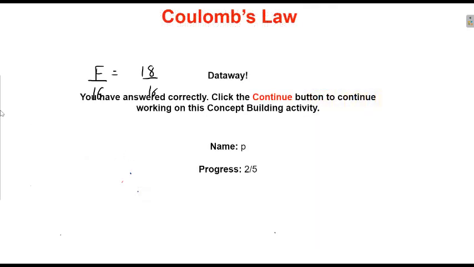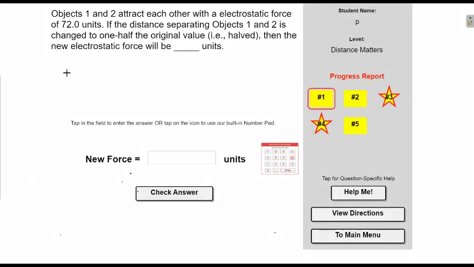All right. Okay, let's do another one. All right, so my F is equal to 72. Now this one's a little bit trickier because it is changed to 1/2. So it's getting closer. The force is getting bigger. Remember, since r is squared, we'd have to square this, which is 1/4.